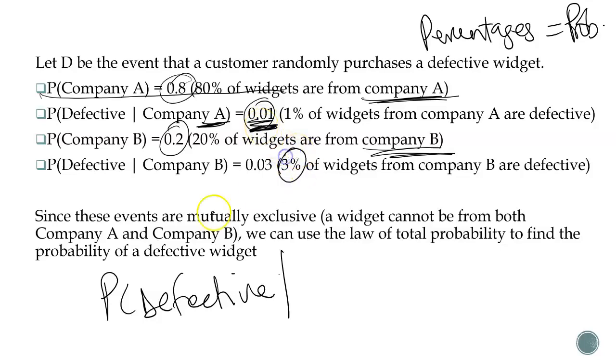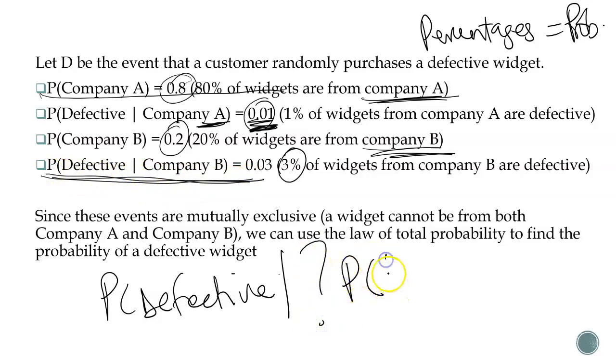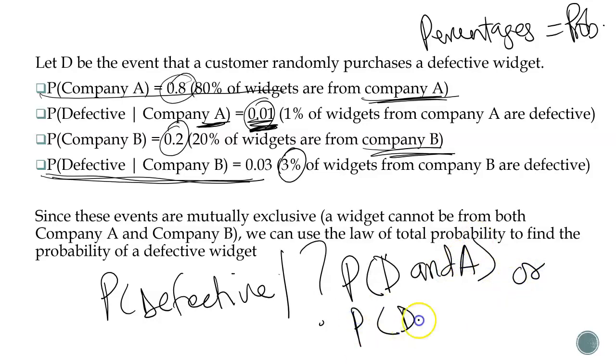And the 3% will be for defective, given that it is coming from Company B. So now the question is, how do I get the probability of defective and Company A, or the probability of defective and Company B?